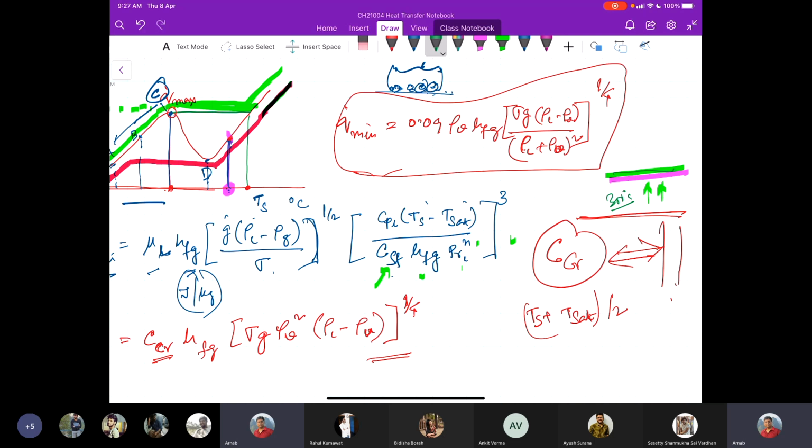Fine. So when we have such a scenario, we now know by this time that Q dot radiation is basically emissivity multiplied by the Stefan-Boltzmann constant, times Ts to the power 4 minus T saturation to the power 4.